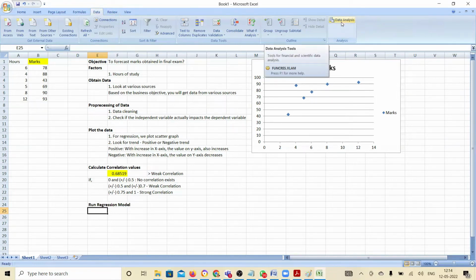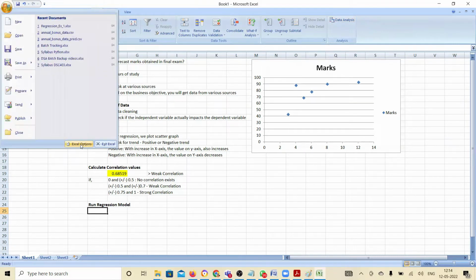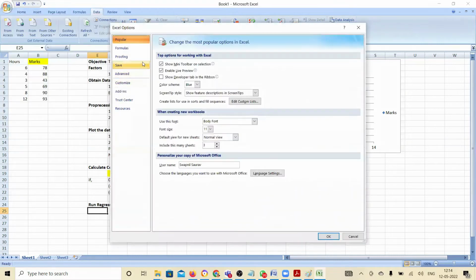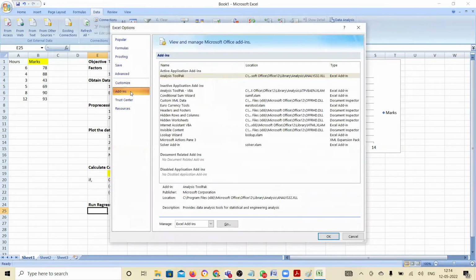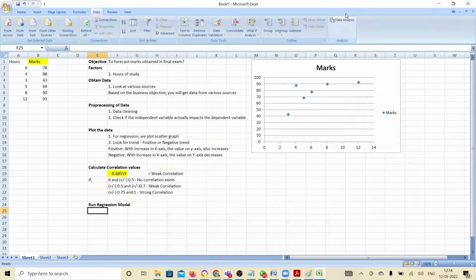If you do not have data analysis in Excel, you need to go to Excel options, add-ins, and here analysis tool pack. You have to add analysis tool pack. It will take some time to install. If you already have it, you will actually see here the option data analysis.